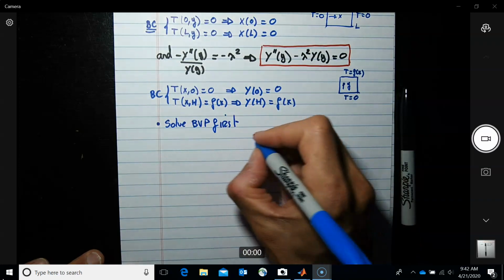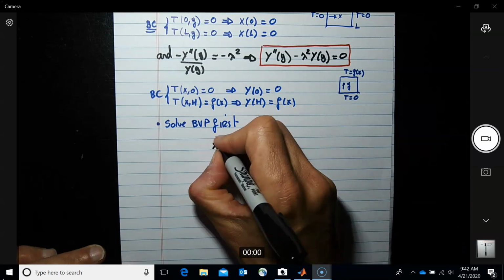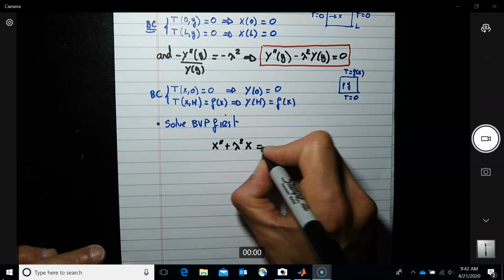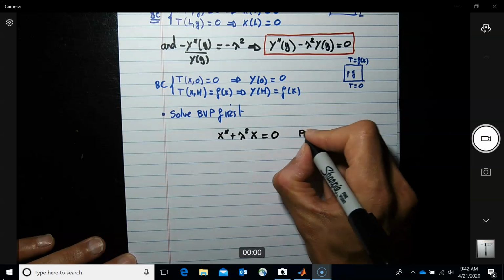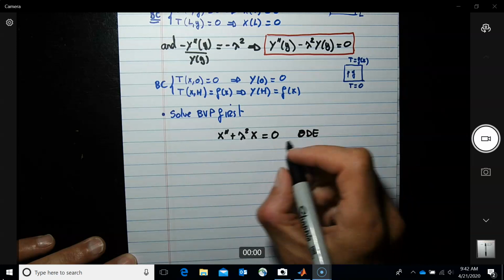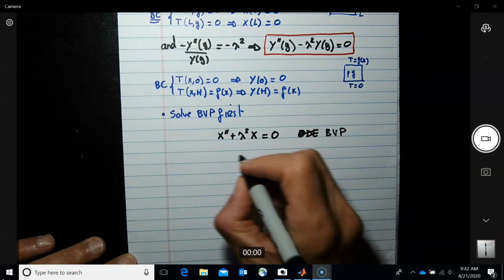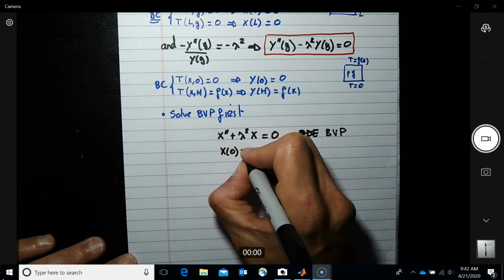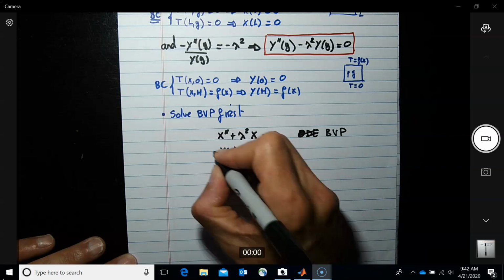This means we need to solve x double dot plus lambda squared x equal to 0 with the boundary conditions. So this will be now our ODE, or better just say this boundary value problem with x of 0 equal to 0 and x at L equal to 0.